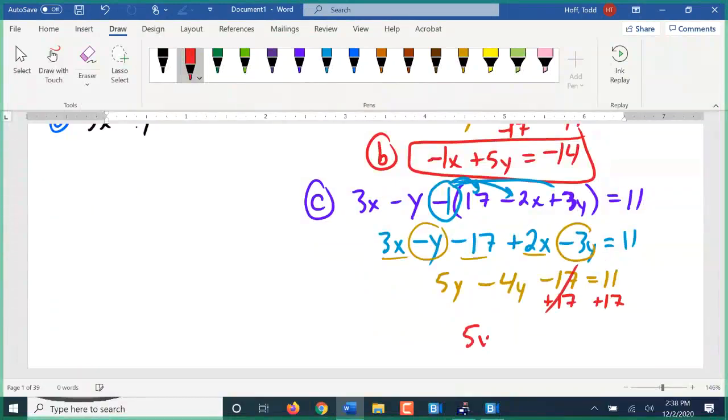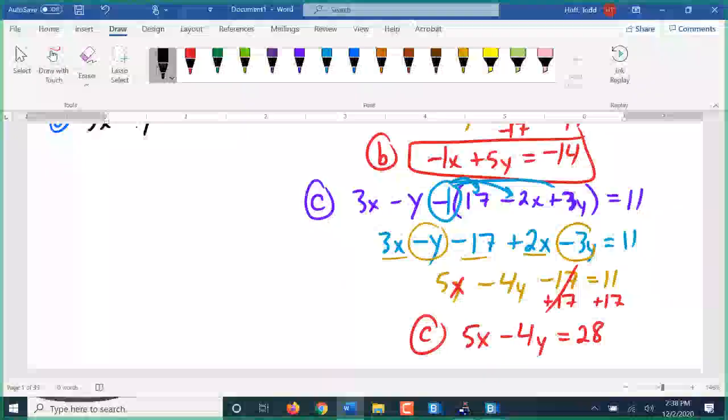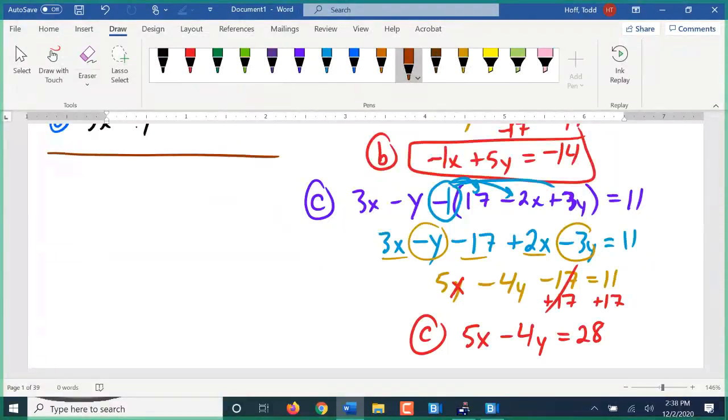So I have 5x minus 4y equals 28. That's my modified equation C. So this gives us a new system of equations to solve, our two-variable system of equations. We have equation B, which is negative 1x plus 5y equals negative 14, and equation C, which is 5x minus 4y equals 28.